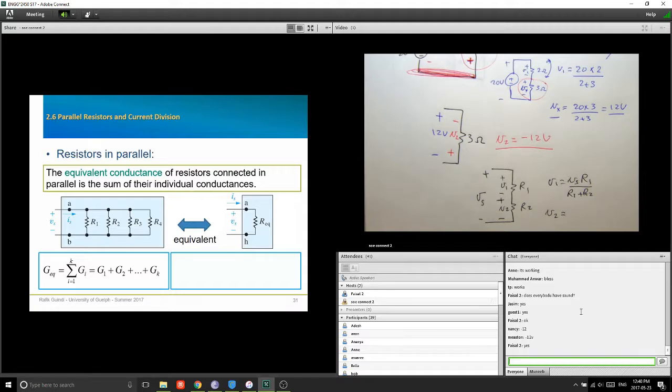So you have G equivalent equals the sum of the different conductances. If you want to work with resistances, it's going to look like that: 1 over R equivalent equals 1 over R1 plus 1 over R2 plus 1 over R3, etc. This is how you combine resistors in parallel.